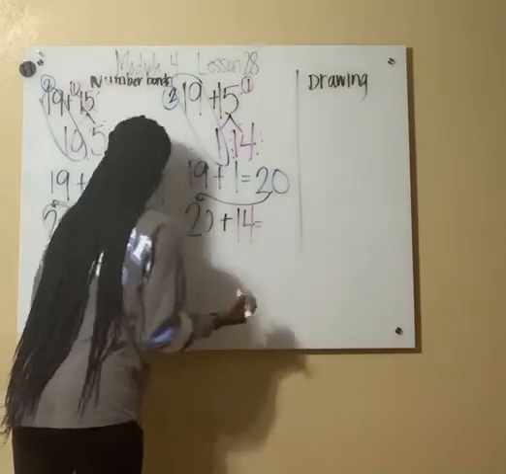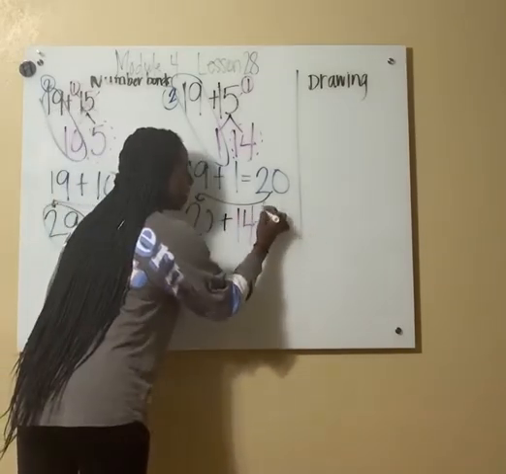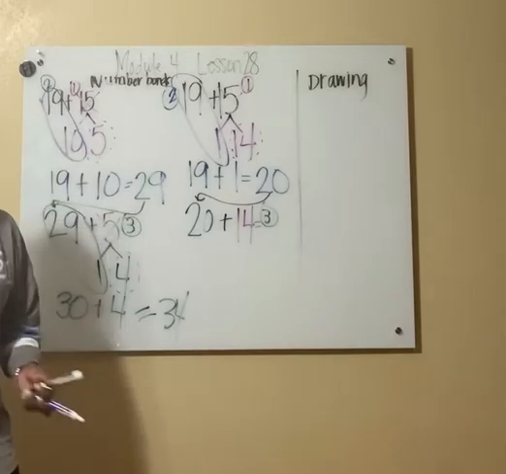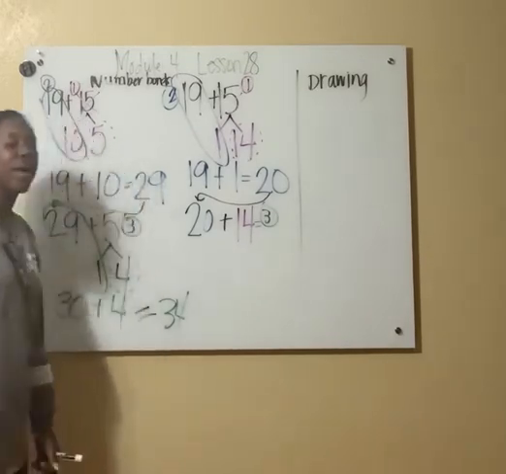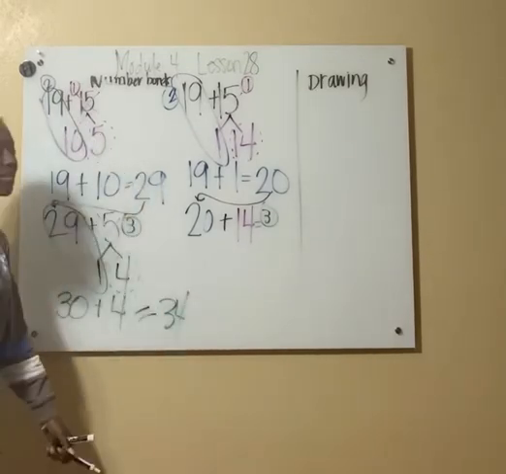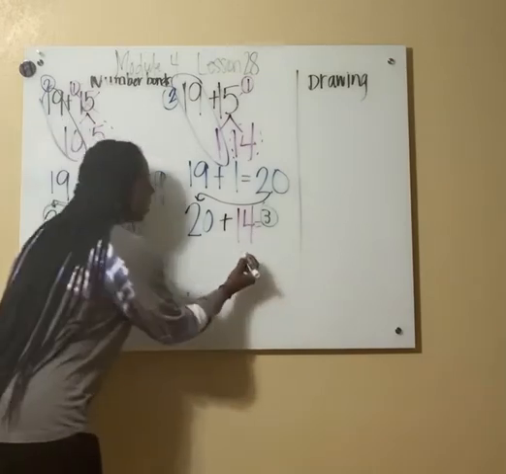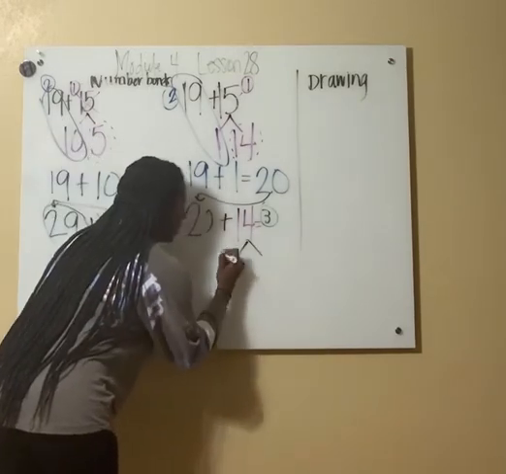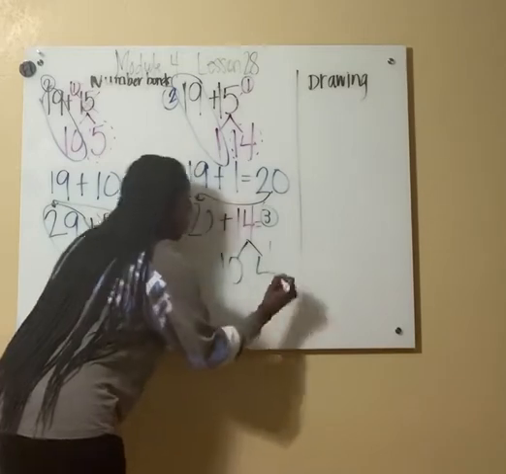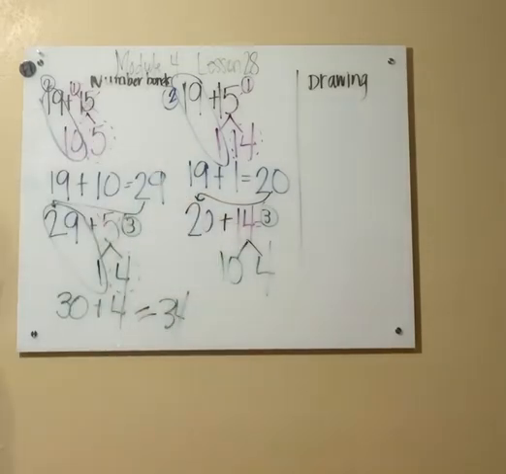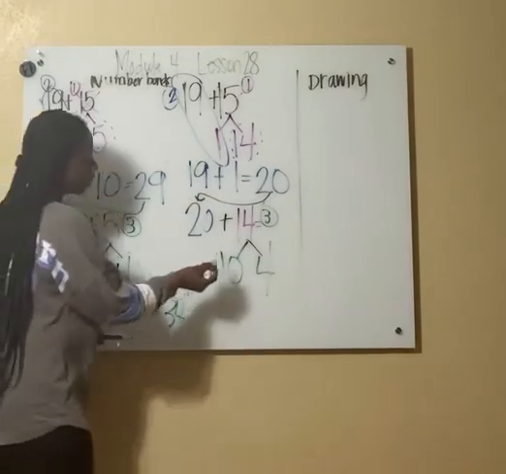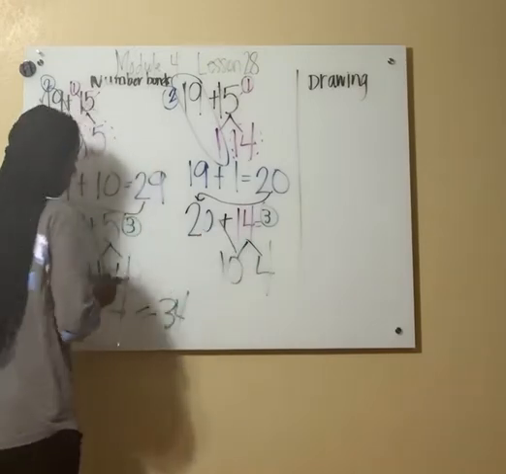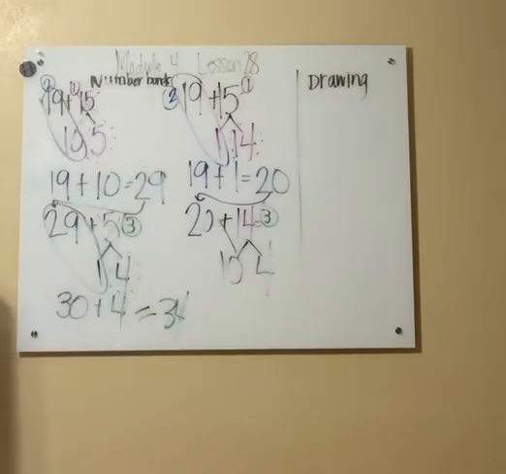Step 3. Break my 14 down. I'm going to break my 14 down the easiest way I can. In order to keep this a 10, I have to add a 10. So this would be 10 and 4. 14 breaks down to 10 and 4. So now you can add, which should have been a step 4.